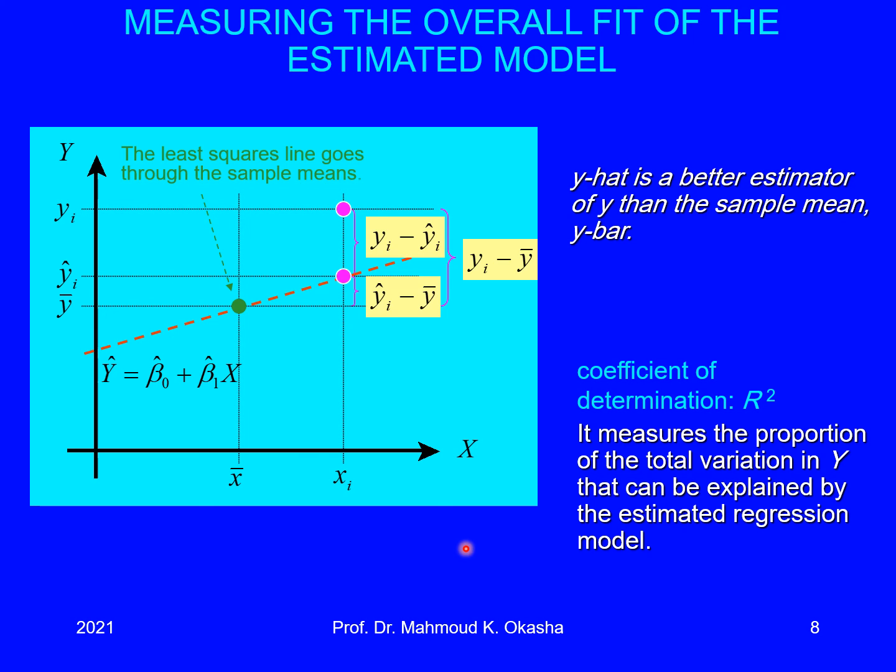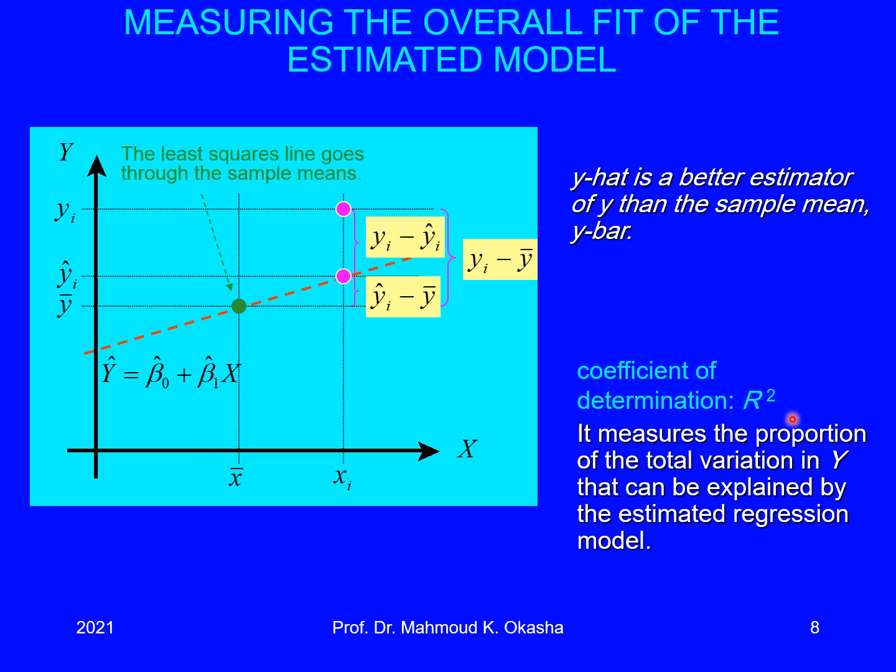So we do not expect that the study time explains 100% of the variation in the marks, because there are other factors, like how intelligent the student is, how much he studies with a peaceful mind or whatever. There are other factors. So how much is explained in the variation of y by x is the r squared.